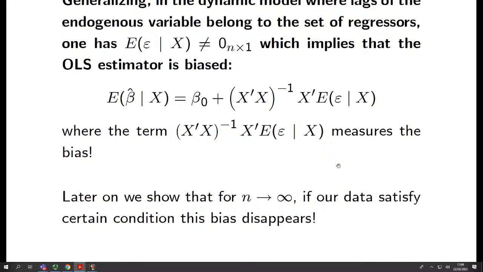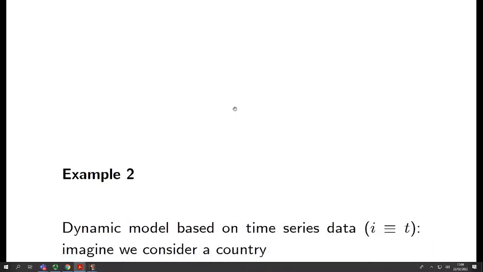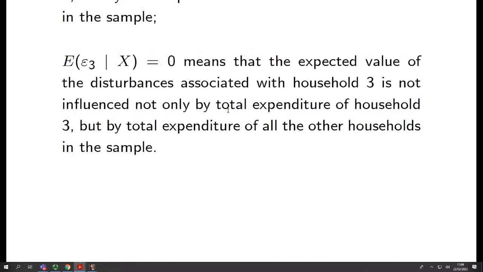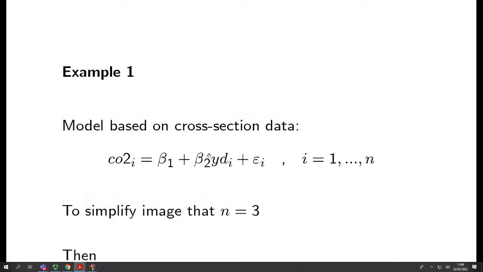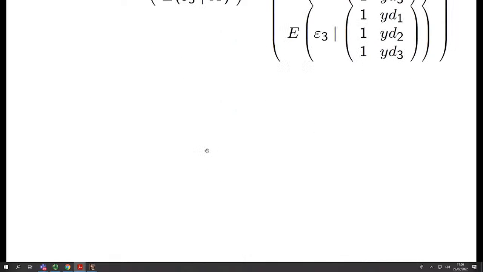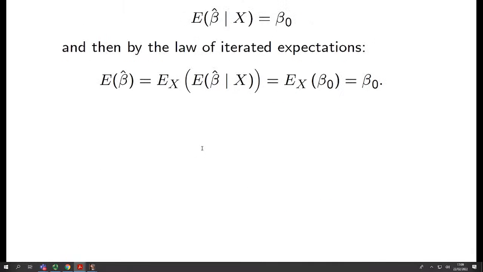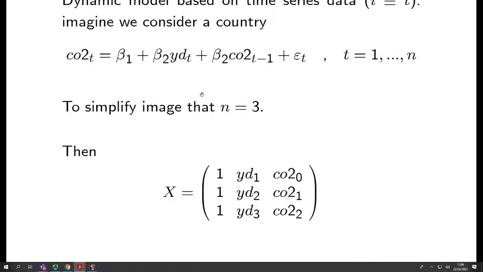But in cases like this, we still use the OLS model. Even if we have a bias, in this dynamic model we can still estimate the parameters B1, B2, and B3. This model, we can still apply OLS.